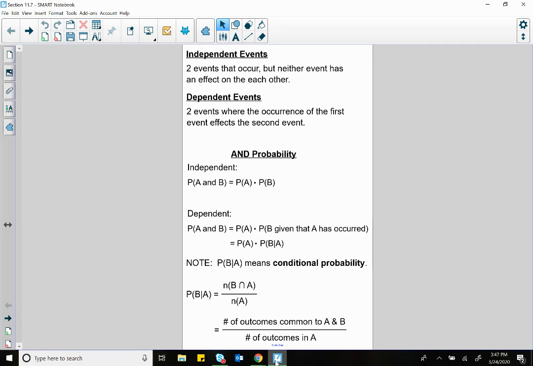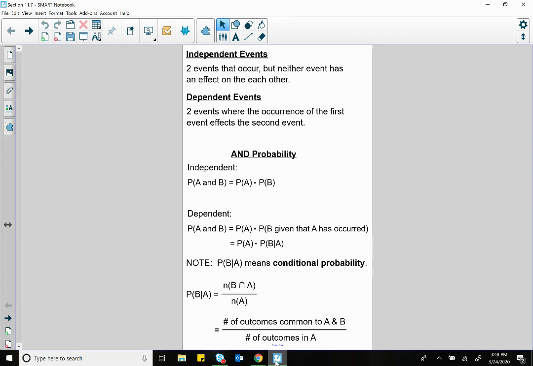If I flip heads on the coin and then roll the die and get the number 6, the heads had no bearing on me getting the 6. Or if I flip the coin twice, the first flip has no bearing on the second flip. Okay, so that's what it means to be independent events. The first event does not affect the second event.